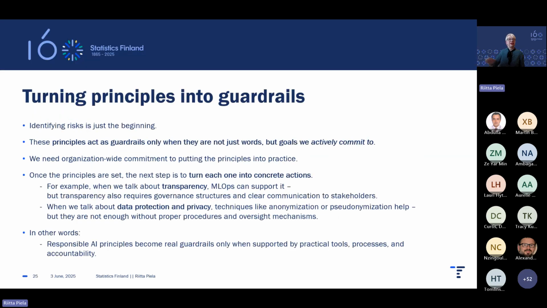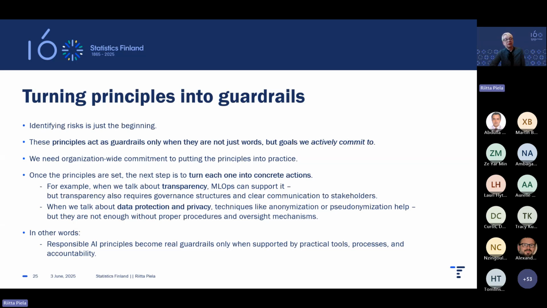And how do we turn the principles into guardrails? Identifying risk is just the beginning. Responsible AI principles act as guardrails only when they are not just words, but goals we actively commit to. So we need organization-wide commitment to put these principles into practice. Once the principles are set, the next step is to turn each one into concrete actions.